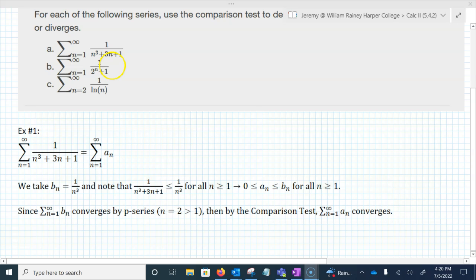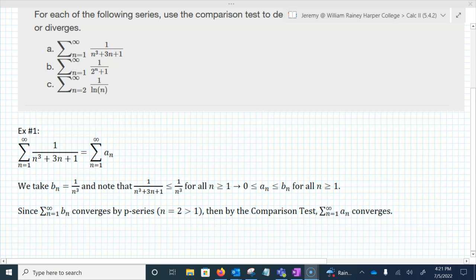Okay, so all the terms of just 1 over 2 to the n, that is 1/2 to the n power, will in fact be less than 1 over 2 to the n plus 1, because this denominator is bigger than just 2 to the n. So a bigger denominator means it's going to be smaller. So these terms here, 1 over 2 to the n plus 1, are in fact smaller than 1 over 2 to the n.